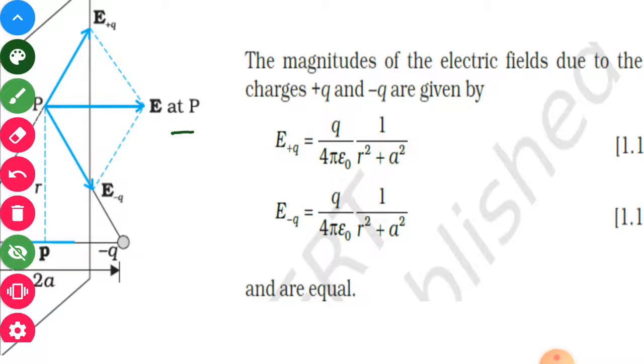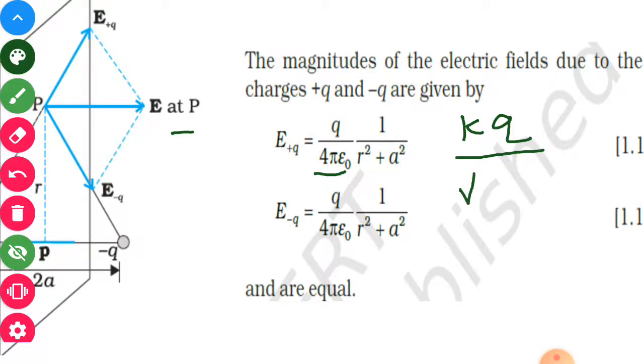So k is 1 upon 4 pi epsilon 0, and q is the charge, which is positive. So we can write q upon 4 pi epsilon 0 times k, that is 1 upon 4 pi epsilon 0, q upon distance square.